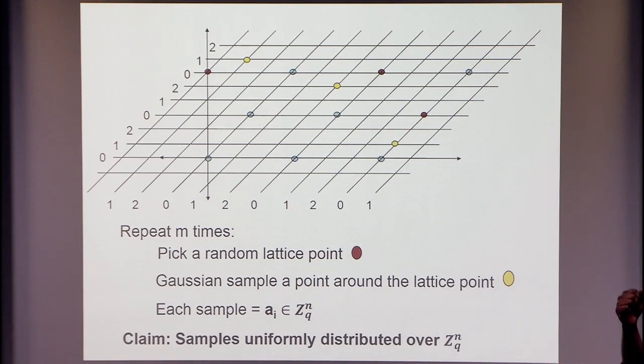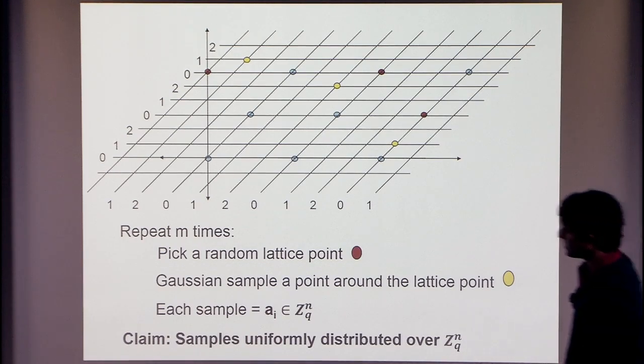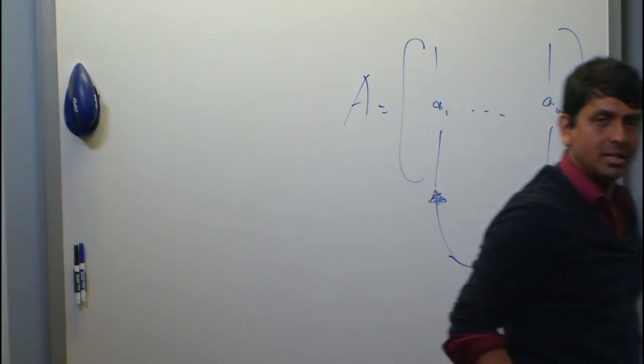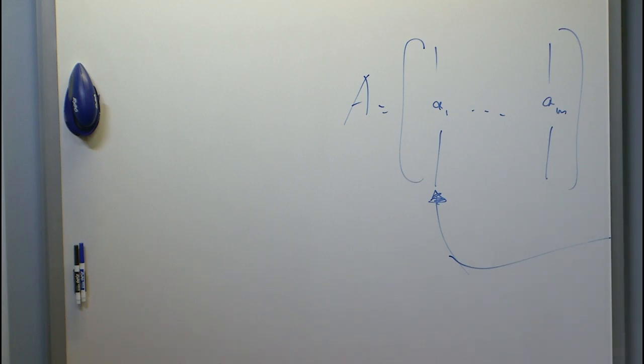And guess what? That is my SIS instance. My SIS instance is A, which is A1 up to Am, where each of these comes from this process. Does that make sense? Good.